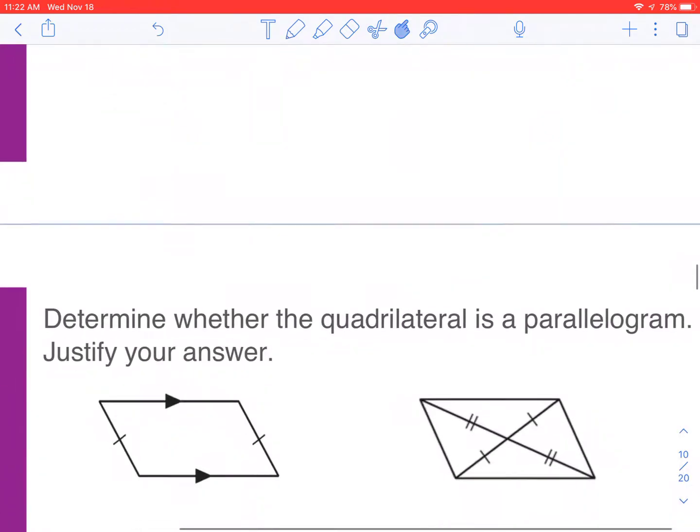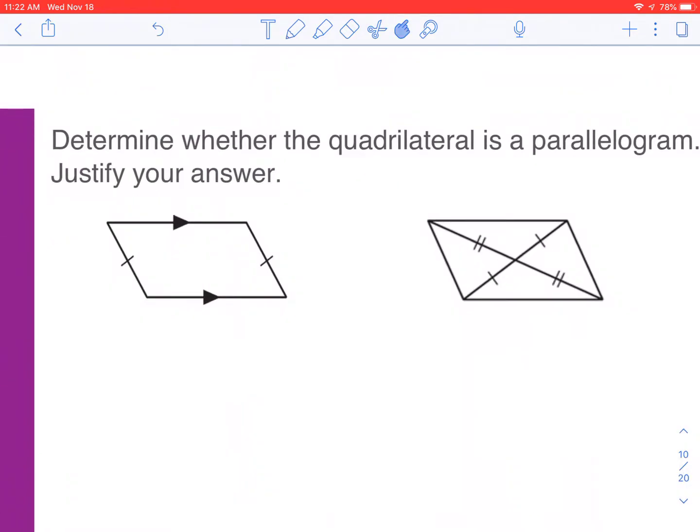Okay, let's try another one. Let's look here. Here's all we know. One parallel side and one congruent side. Okay, well check this out. I could redraw this. I could make a trapezoid with parallel sides.